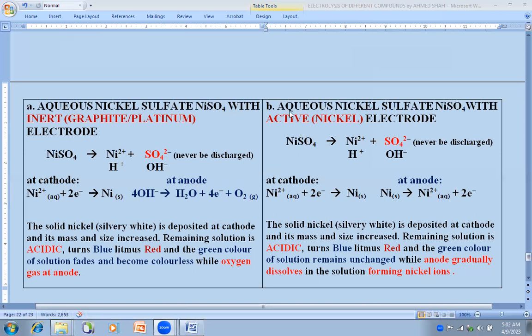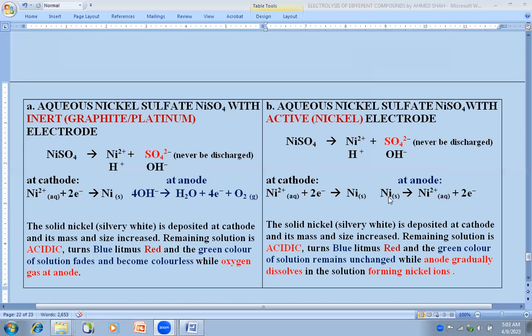What happens when aqueous nickel sulfate is electrolyzed using an active nickel electrode? The solution is nickel sulfate, and the cathode and anode are both made of nickel. Nickel sulfate produces nickel ions and sulfate ions in the solution. Sulfate and nitrate ions are never discharged during electrolysis, even in molten or aqueous conditions.